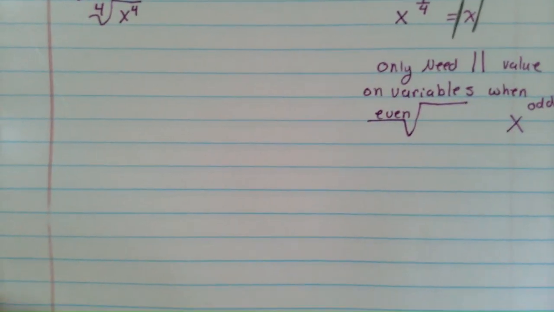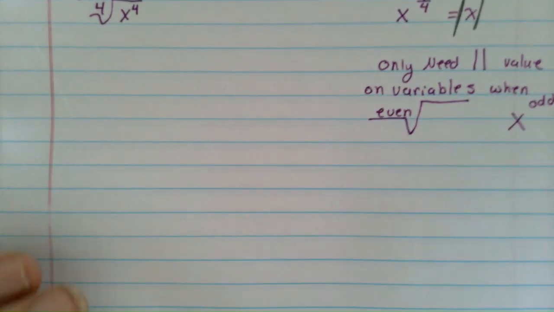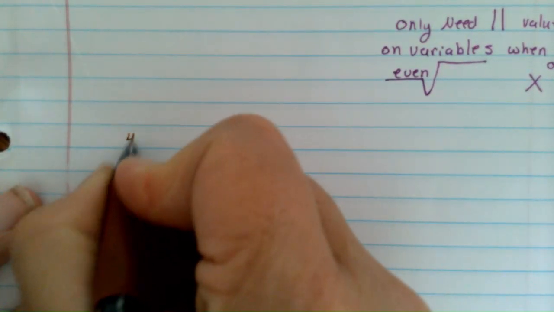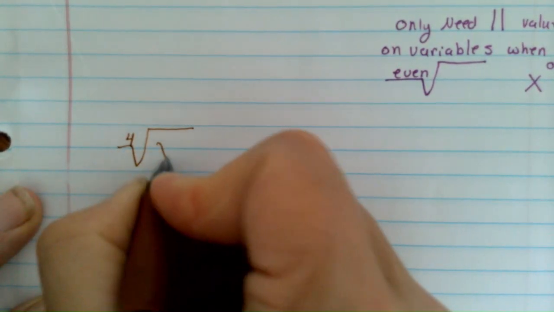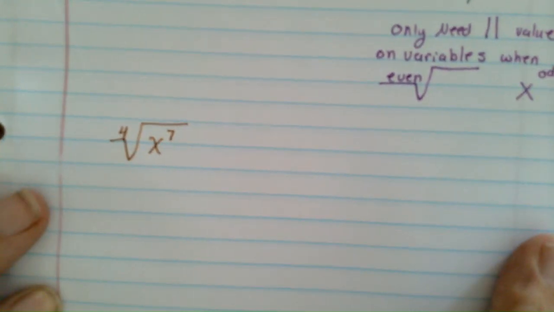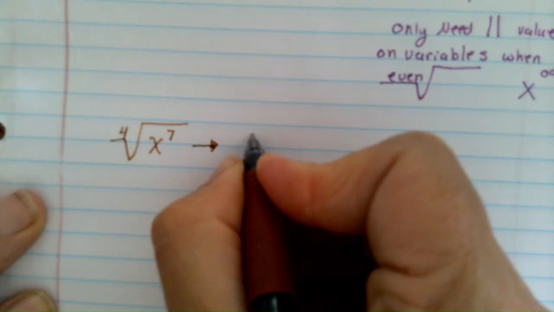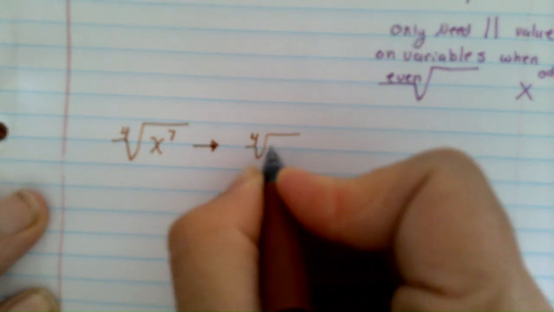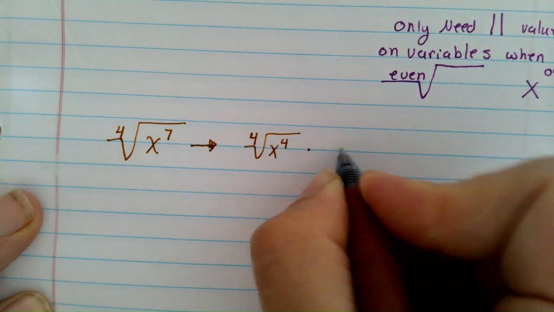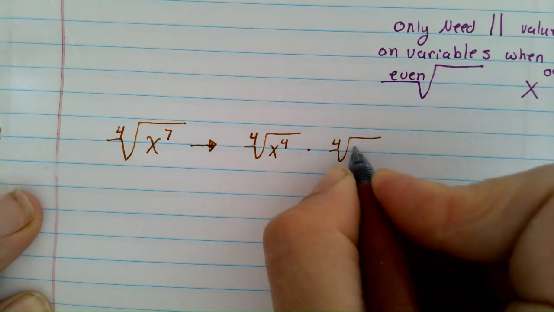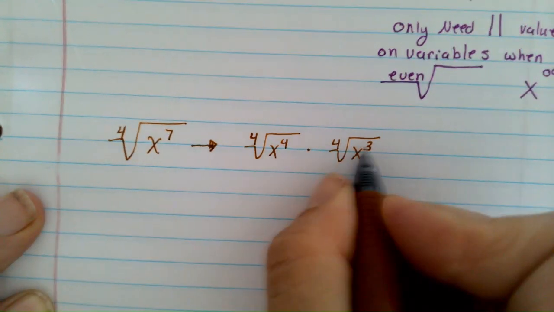So why would I be talking about that? Well, let's look at the fourth root of x to the 7th. The proper way to do that would be to change this into the fourth root of x to the fourth multiplied by the fourth root of x to the third, because 4 plus 3 is 7, right?